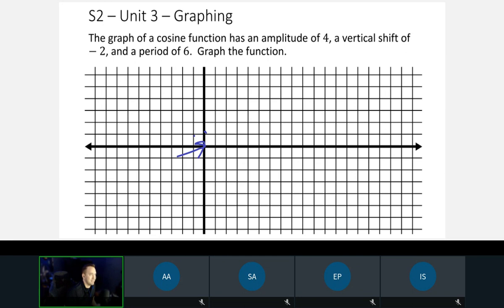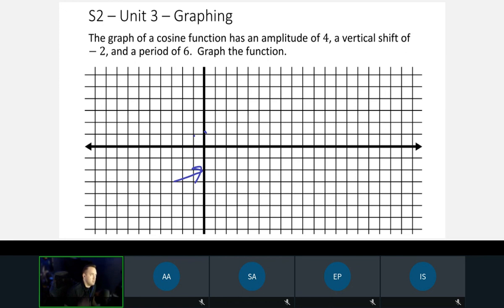Because we're going down 2, I'm shifting my midline down 2. So everyone agree that my new midline of this function is at -2? That sounds right. Okay.